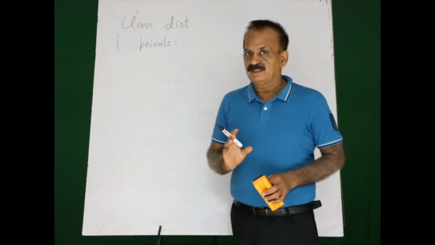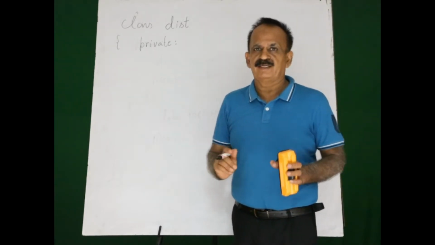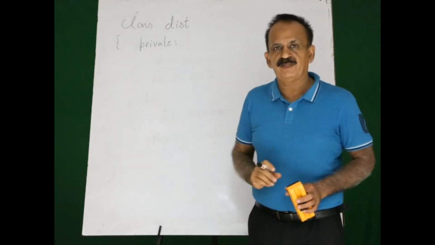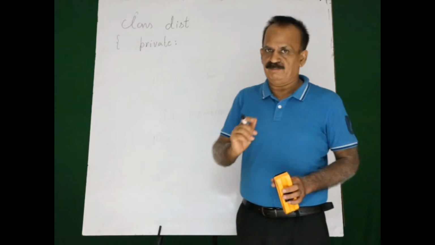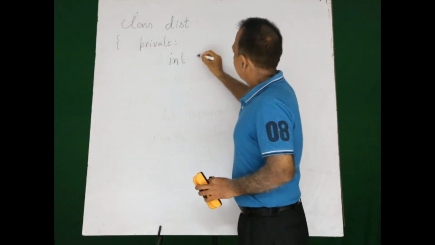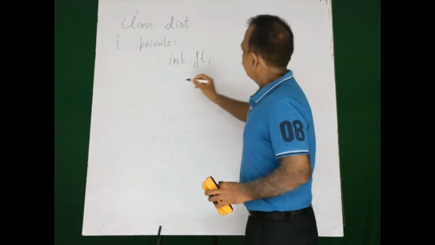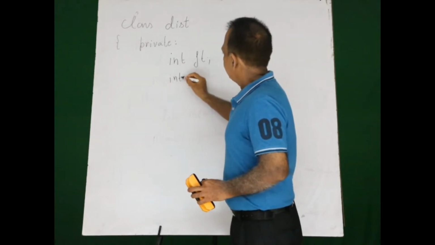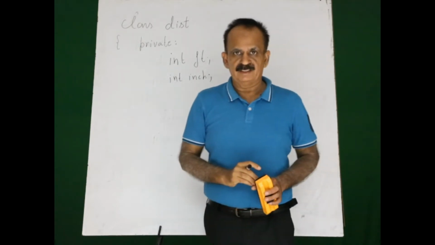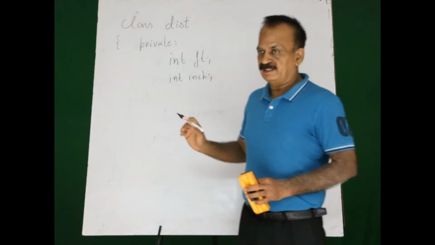By default, every member is private. That means if I don't write the word private, the data members will be considered private. The data items are int feet, the distance part feet, and int inch, the distance part inch. Now there are two data members, feet and inch.